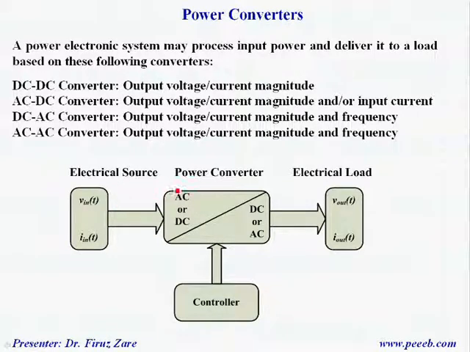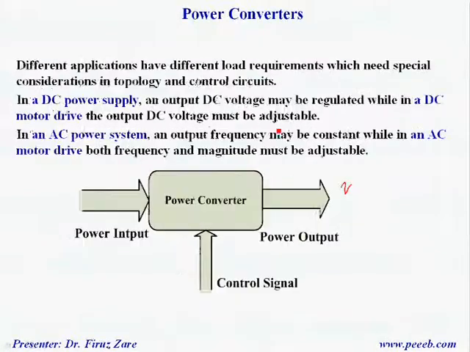This type of converter is not very common in industry, but normally we can use it for some special AC drive systems for some industrial applications, or in very high power we can use cycloconverters or matrix converters for some drive applications. Different applications have different load requirements which need special consideration in topology and control circuits.